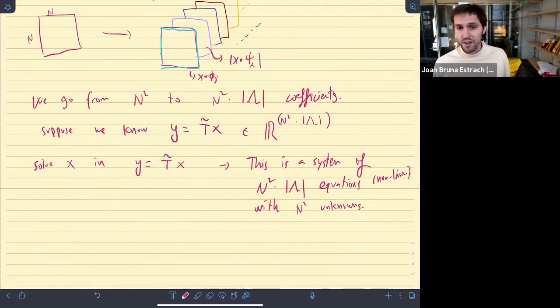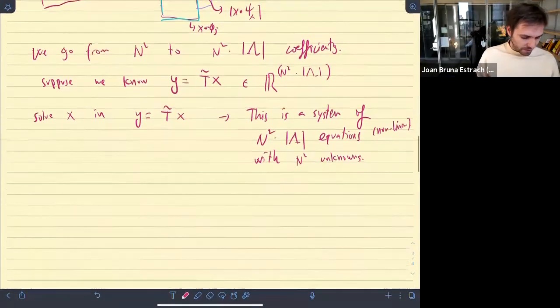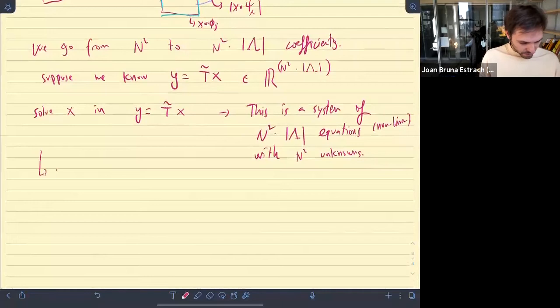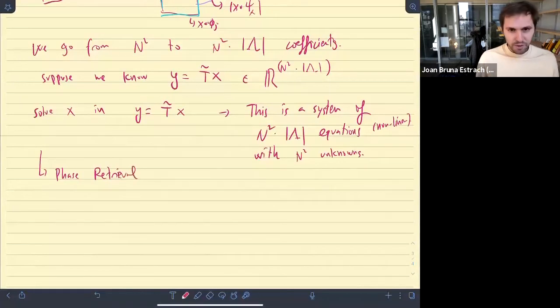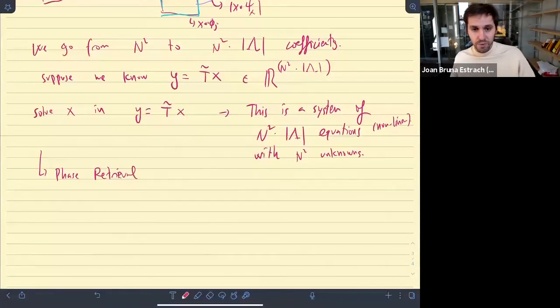So the answer is that very generically, the answer is yes. And this is really related to, I don't know if you're familiar, this problem called phase retrieval. Phase retrieval is a fundamental problem in many areas of computational math and signal processing, used for example in spectrography, or even in something like MRI.